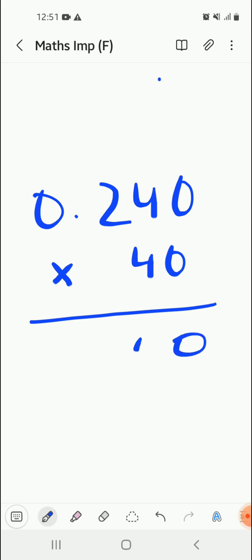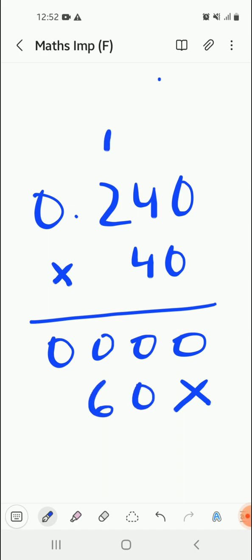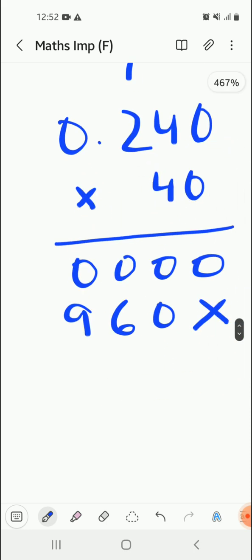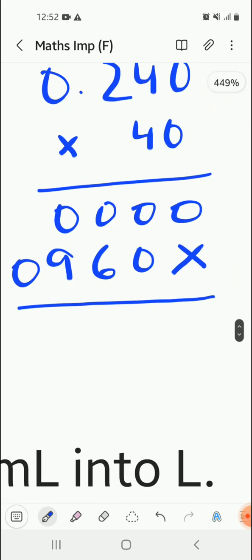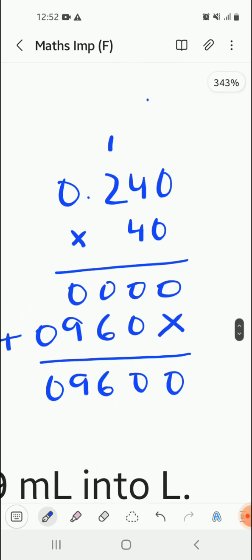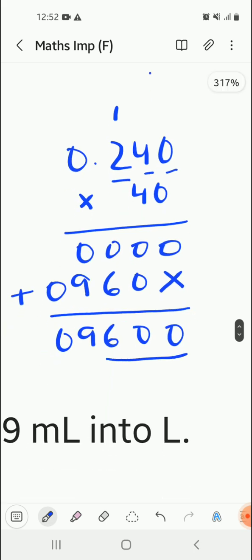0 into 0 is 0, 0, 0. 4 zeros are 0, 4 fours are 16, 4 twos are 8, plus 1 9, and 0 into 0 is 0, right? So it's done. Let's add it. We get 00960. There are three decimal places, so insert point after three digits, right?